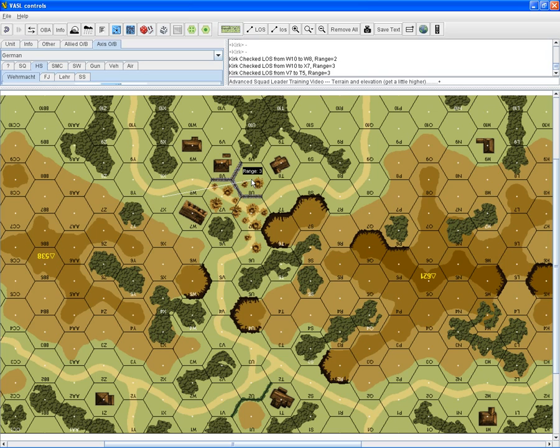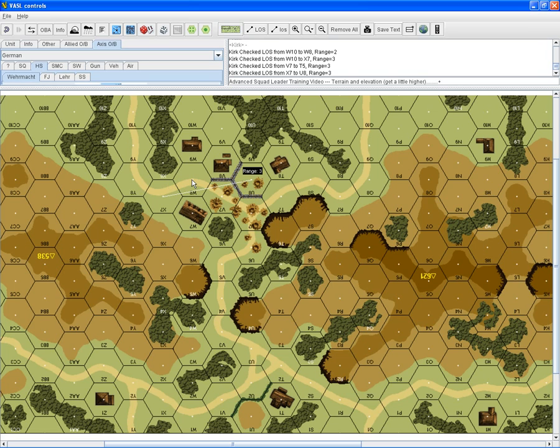So for example, from X7 to U8, if the target was in U8, they would get the wall bonus, but if I was shooting from U8 to X7, this unit would not receive any wall bonus. So the only time you receive the bonus is when the target is in the hex adjacent to it.